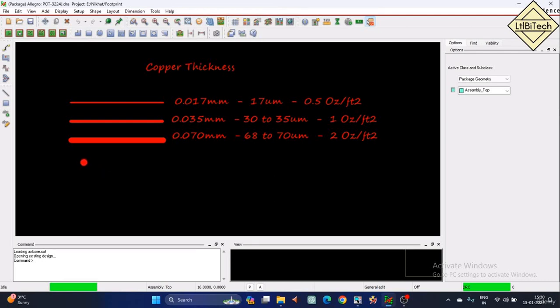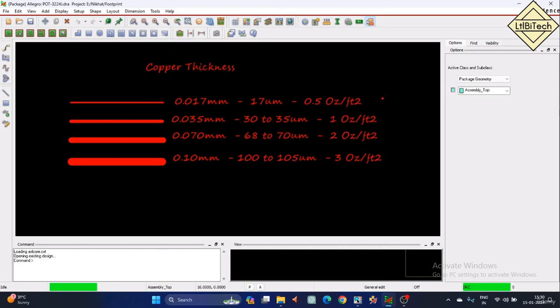Then in the industry we have 3 ounce, which is very thick in nature. That is 0.1 mm, approximately 100 to 105 micrometers, and it is 3 ounce per square foot. You also have more than this: 3-plus ounce per square foot is available in the market. You just have to check with the manufacturer about the 3-plus ounce per square foot.